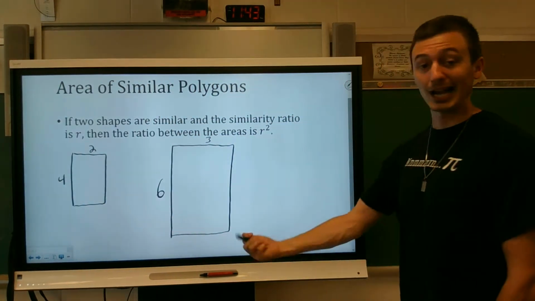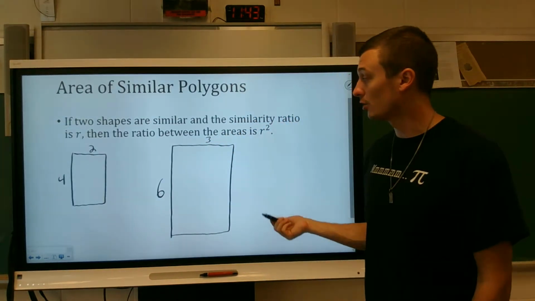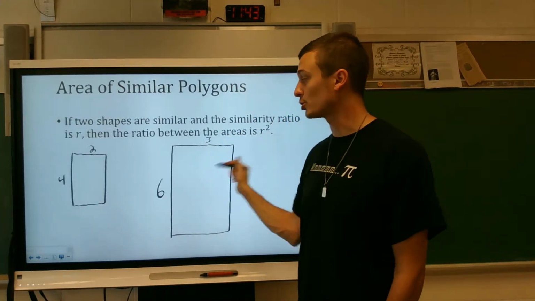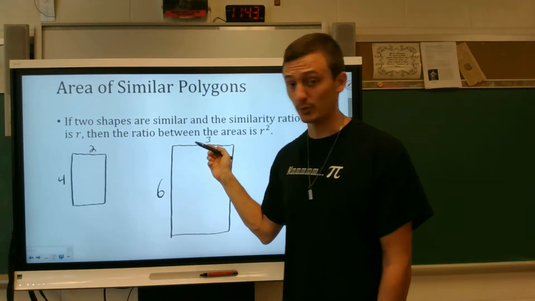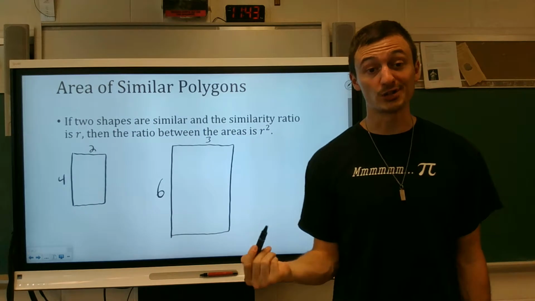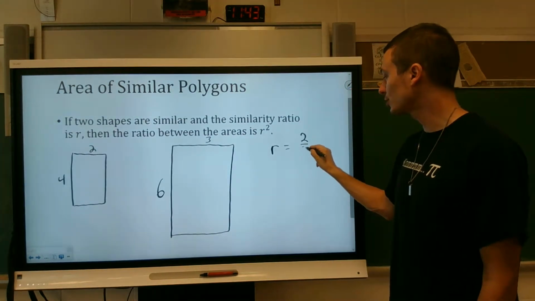Okay, kind of interesting. So the similarity ratio between these two rectangles is 2 to 3, because 2 to 3 is 2 to 3, and 4 to 6 can be reduced to 2 to 3. So this ratio is 2 to 3.